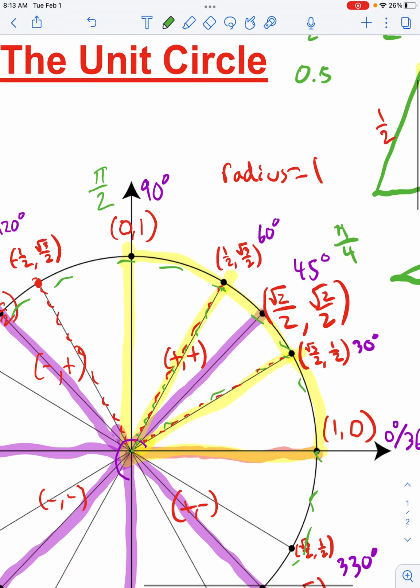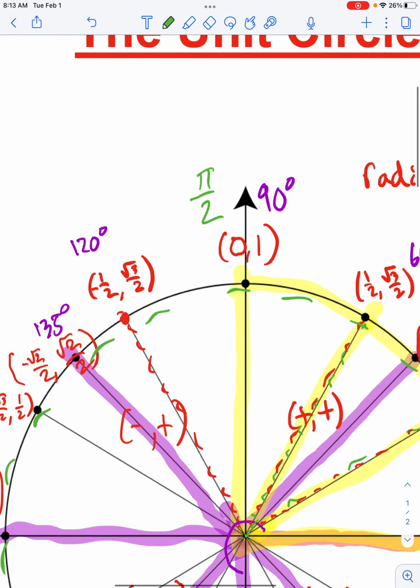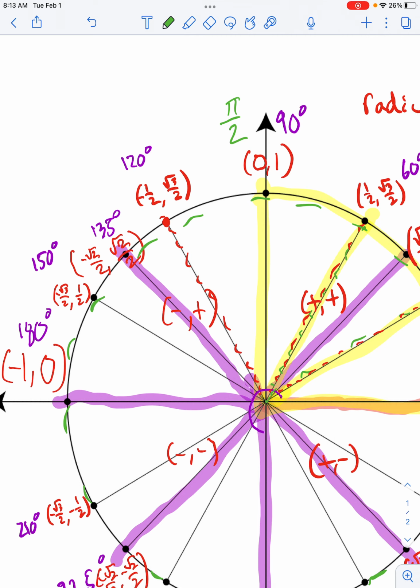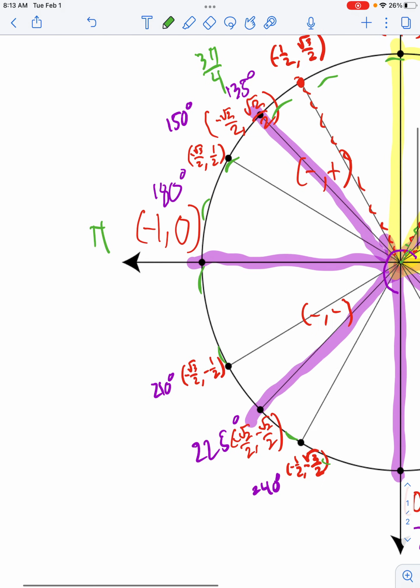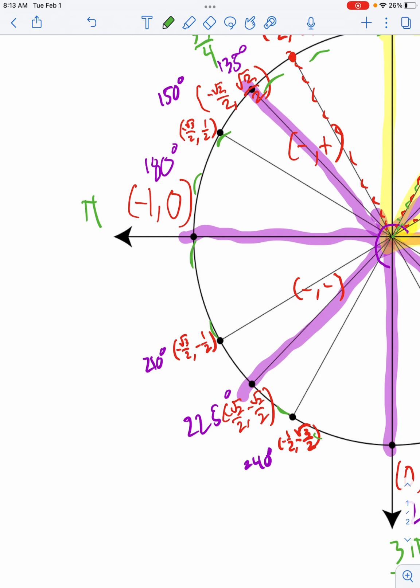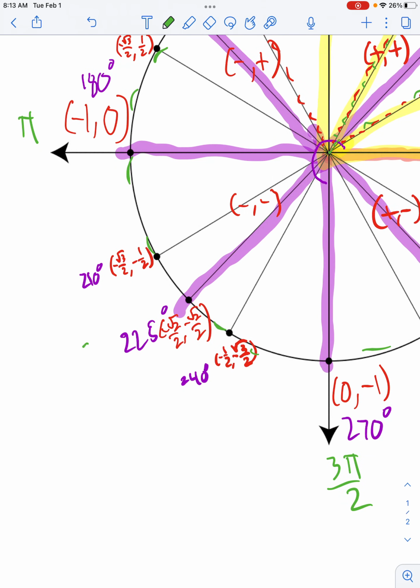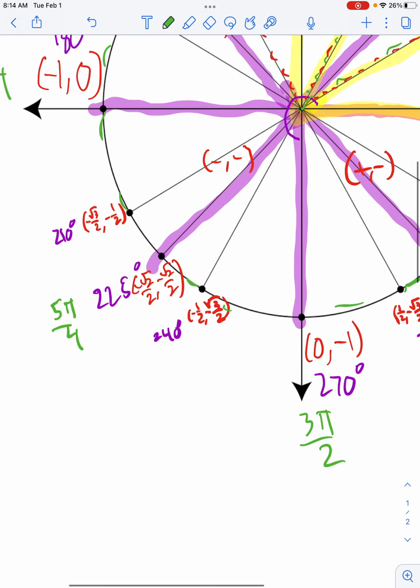So pi over 4 plus pi over 4 is pi over 2. Plus another pi over 4 is 3 pi over 4. Plus another pi over 4 is 4 pi over 4, which again, 4 pi over 4 cancels out into just pi. And then if we add another, we're going to get 5 pi over 4.